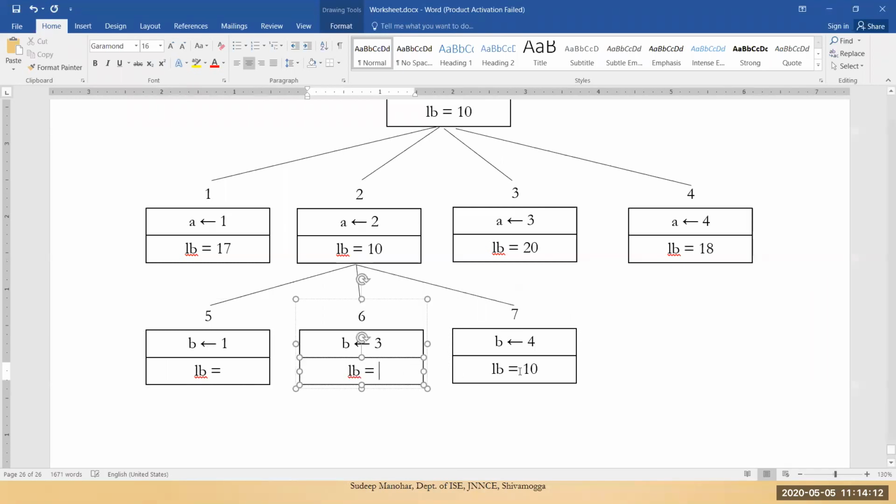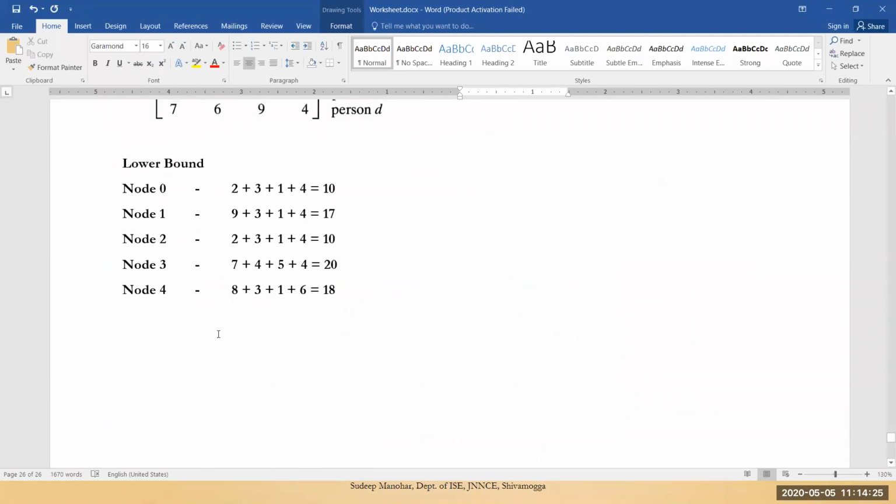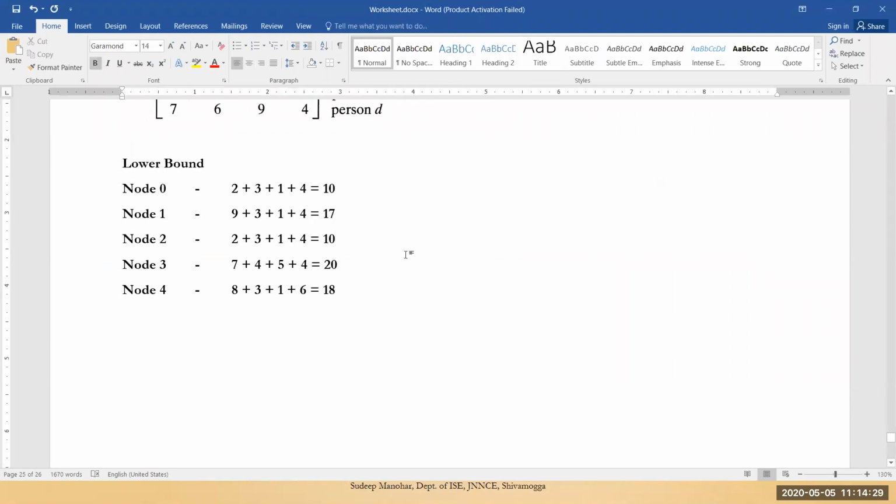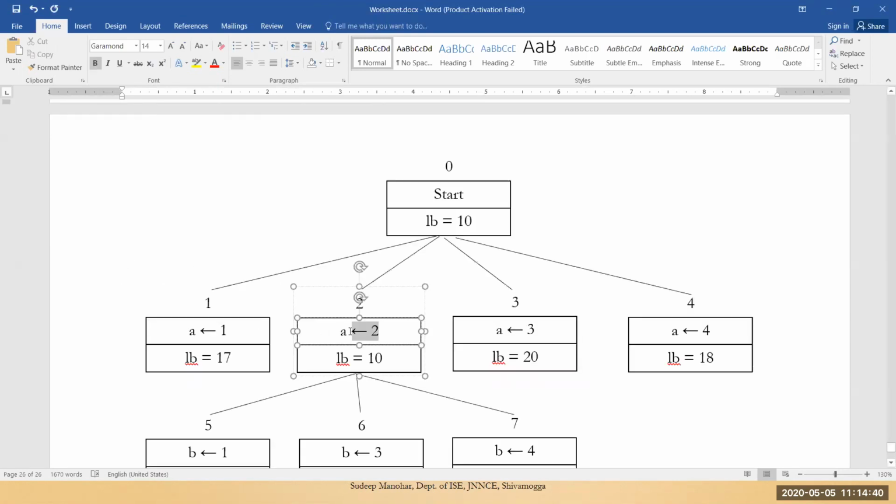Now let us calculate the lower bound for this. Now B is allotted with 1. You have to keep in mind that A is allotted with 2. Okay, A is allotted with 2. I'll write this so that it becomes easier for you to track.